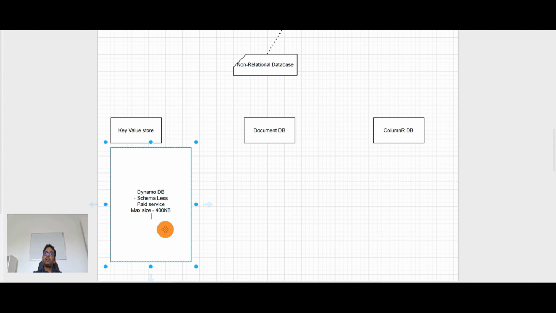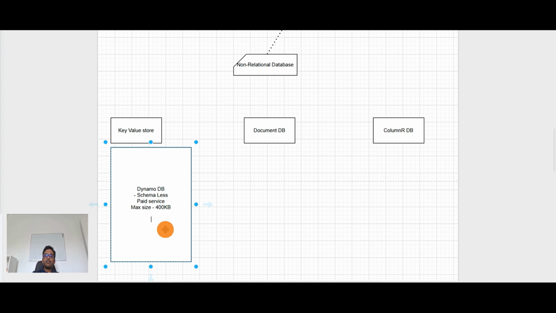The best part in DynamoDB is that it's a key value store, but it can store documents itself also in the form of JSON, and you can query a particular part of the document.